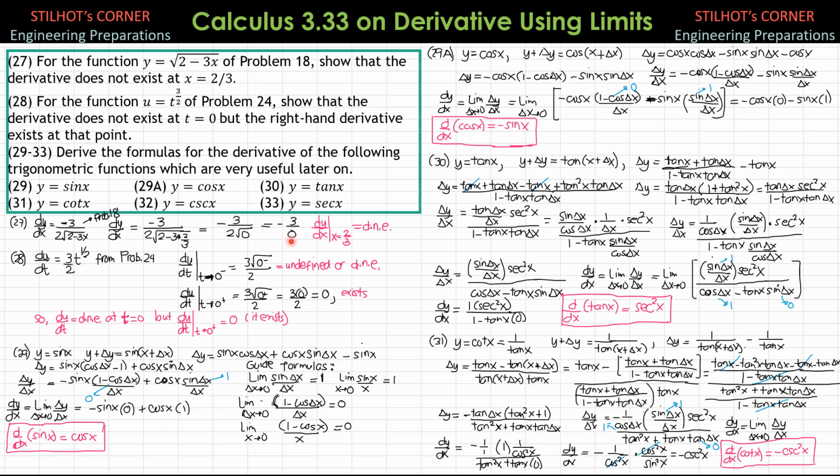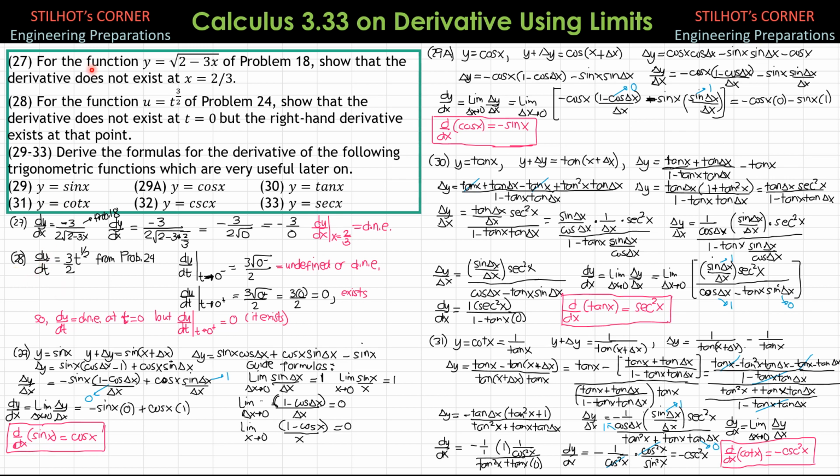Because this is not defined, the derivative of y equals square root of 2 minus 3x does not exist when x is 2/3. So that's the showing that the derivative really does not exist at x equals 2/3.